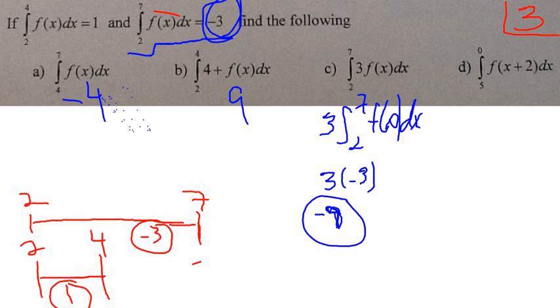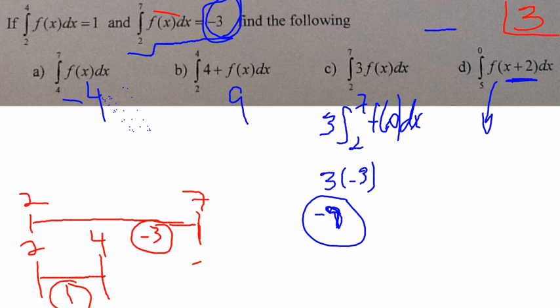And then this one is a little tricky. It uses some transformations that you should know from calculus and algebra 2. f of x plus 2 takes the function and moves it to the right.